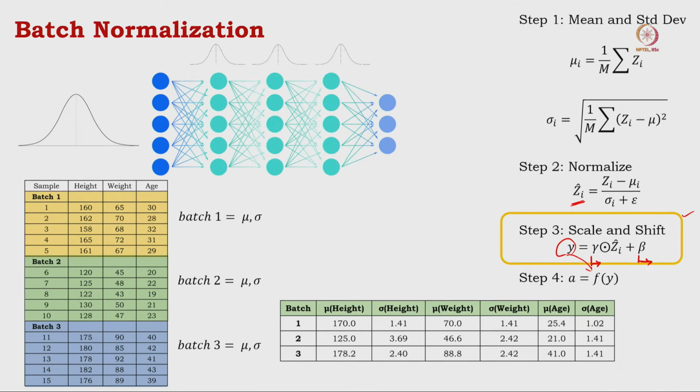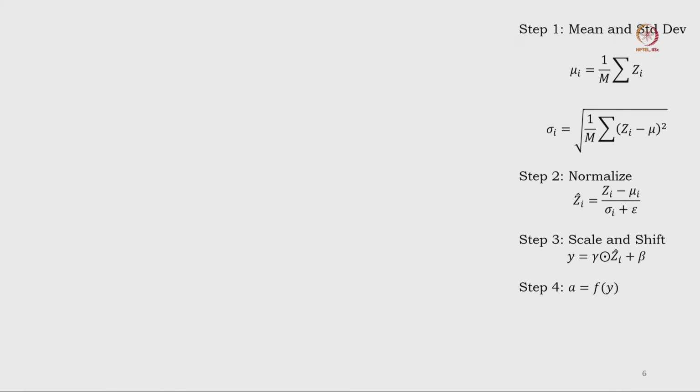Now, let us take this one example and let us understand how batch normalization works. What are each of these steps? Let us understand this with an example. So, here if you see, these are the steps of batch normalization.